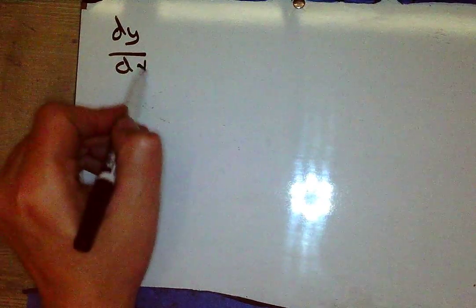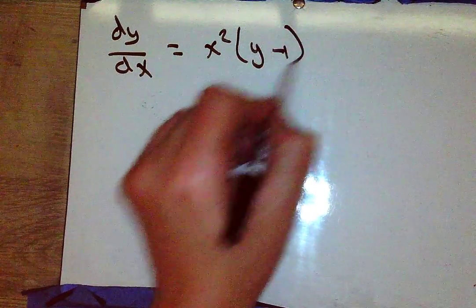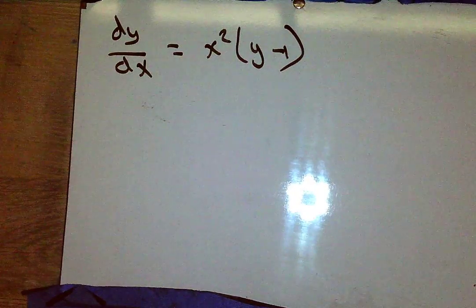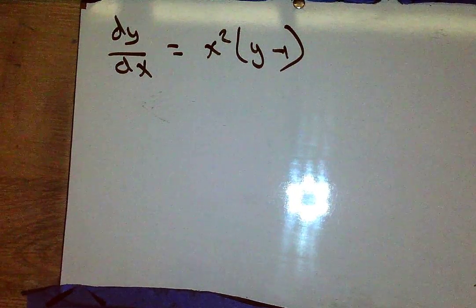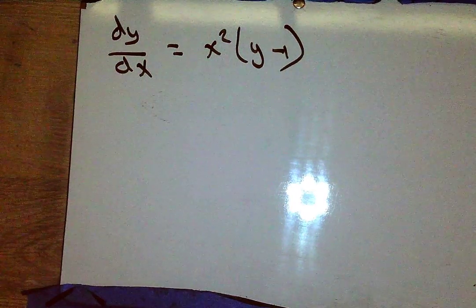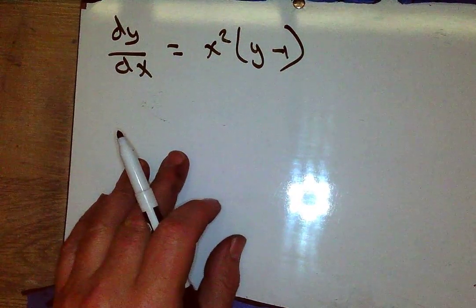We're looking for the particular solution to this differential equation, x squared, y minus 1. We're also asked to write the equation of the tangent line at that given point. Oh, that's very exciting.